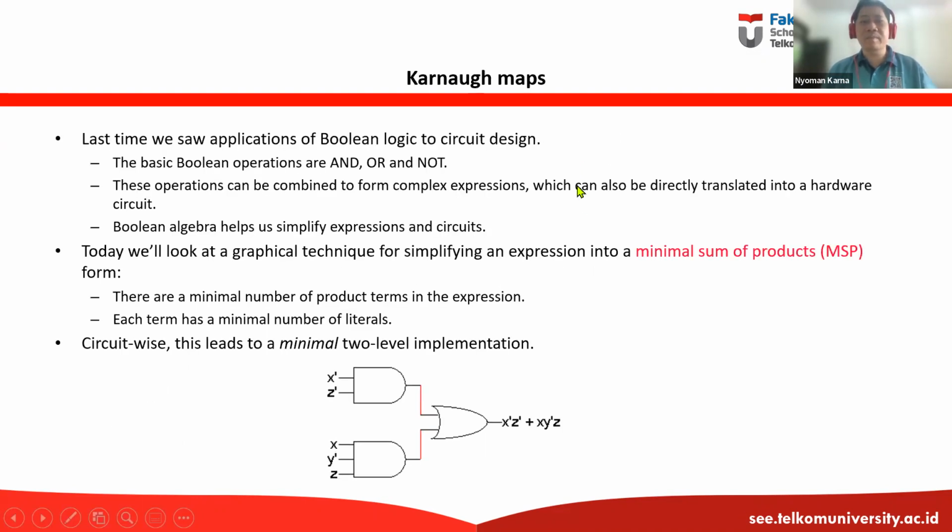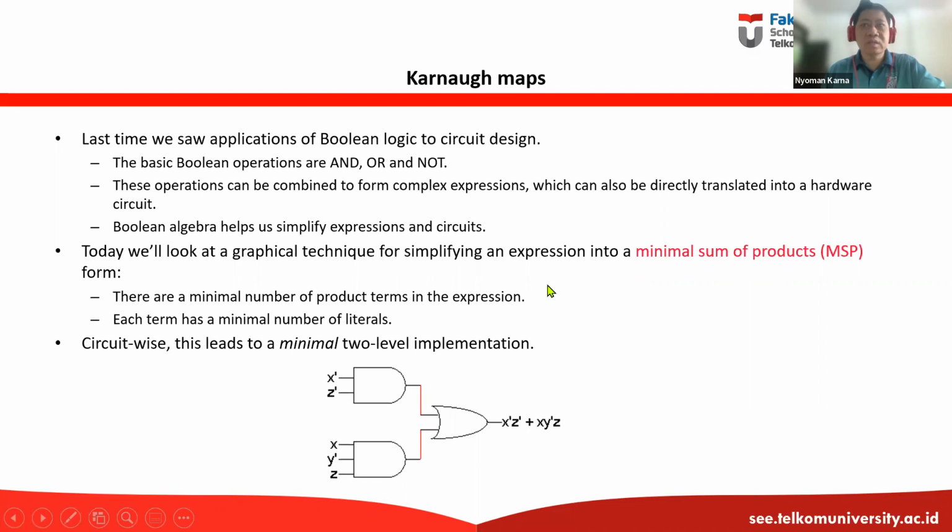Okay. Now, last week we discussed Boolean logic, how to implement a Boolean function as a logic circuit, by using the AND function to become an AND gate, addition to become an OR gate, and the NOT function to become an inverter.